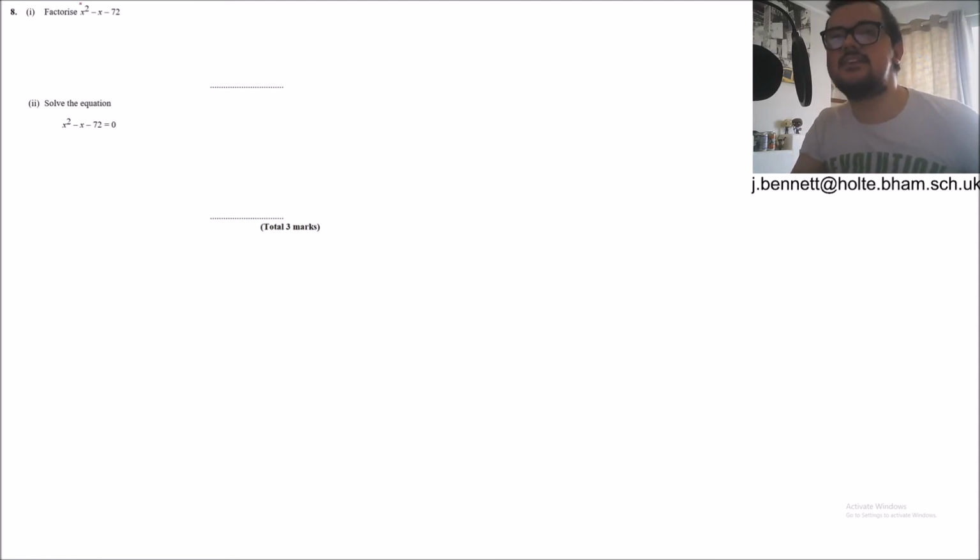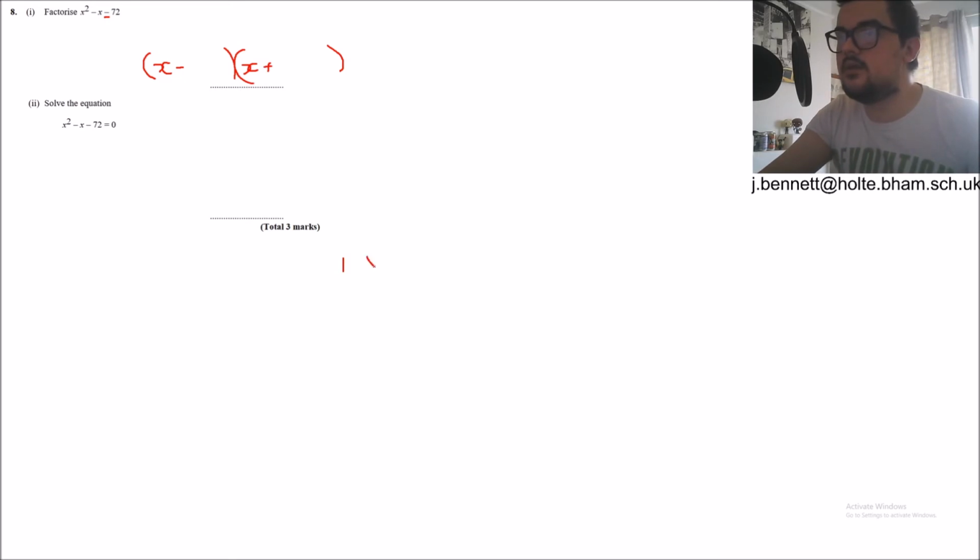Factorise this. Now this one is a bit trickier because we have a minus 72. So we have a minus here. So we know that our brackets are going to be x plus something, x minus something, because a positive times a negative is a negative. We want alternating signs.